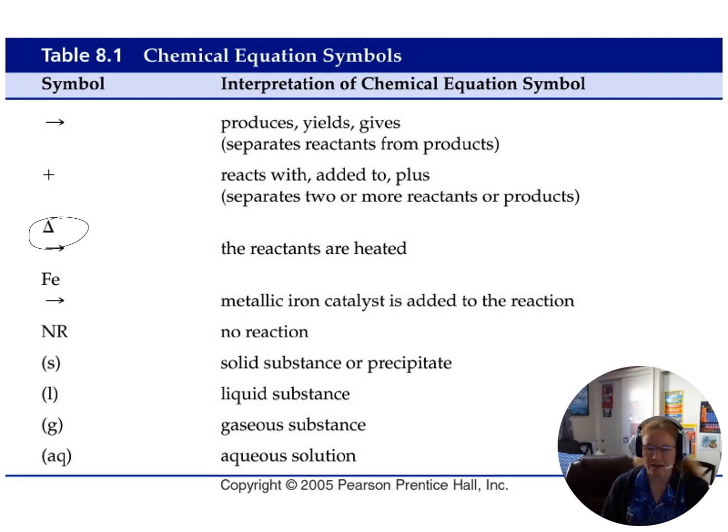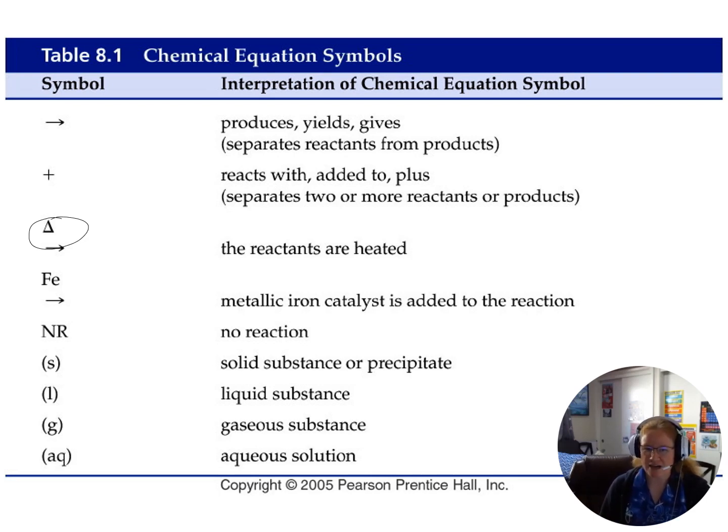A catalyst was added. You can end up with all sorts of things that go above the arrow, just indicating that something else was present during the reaction, but it wasn't consumed in the reaction. The only one that we might deal with in this class is that delta symbol above the arrow. We won't be dealing with anything else above or below the arrow.